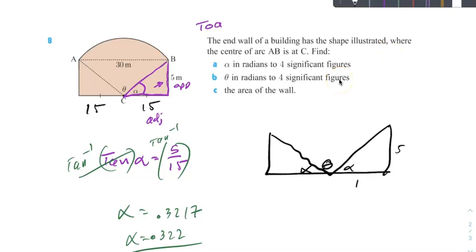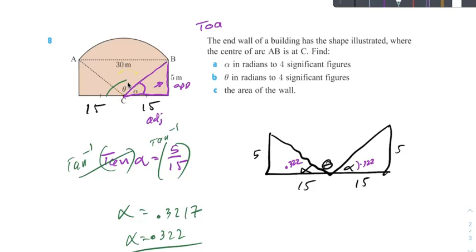This is 5 and 15, and this is 5 and 15. I kind of said this is alpha already, right? But these are equal because they have the same values here and here. So this is also 0.322. So how do I figure out what theta is?